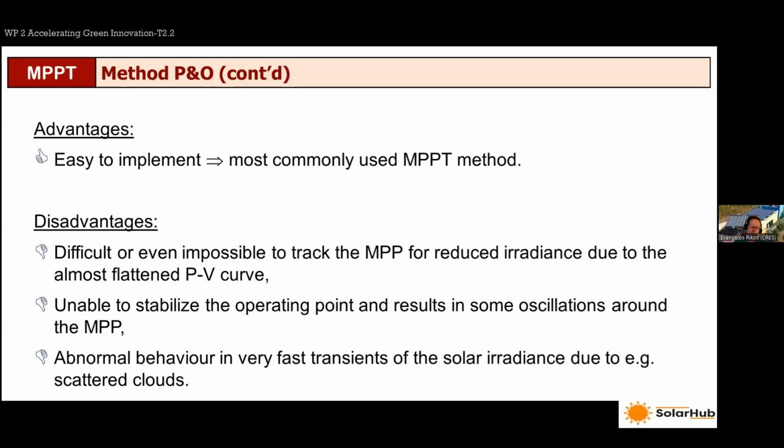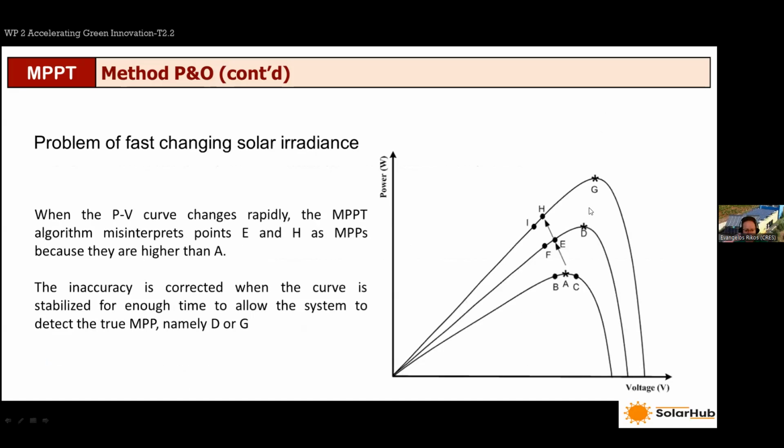And it is possible to have some abnormal behavior when the radiation changes fast. If you have clouds, for example, passing over, you'll notice some behavior that doesn't lead to the actual maximum power point every time, but to a wrong value. For example, take this diagram as a starting point, and imagine that we are at point C on this curve.